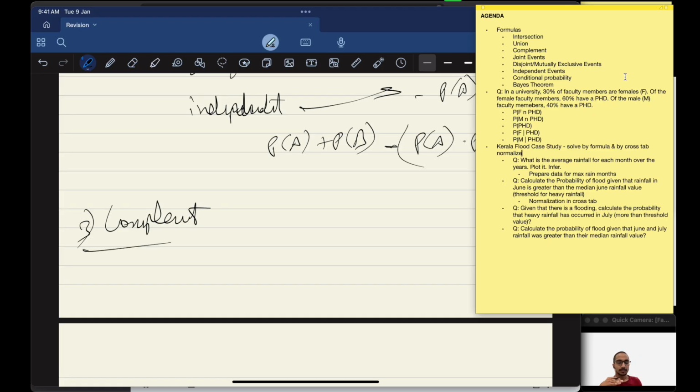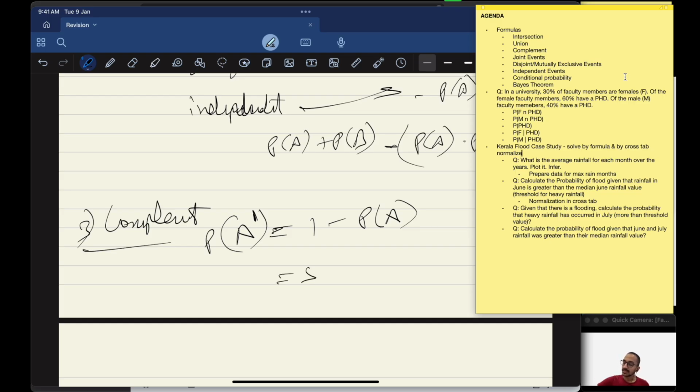Then complement. Complement is basically the probability of a particular event not occurring. So if there is an event A, the probability of event A not occurring is P of A dash, which will be 1 minus P of A. So it is basically all elements of the sample space excluding the elements present in the event.